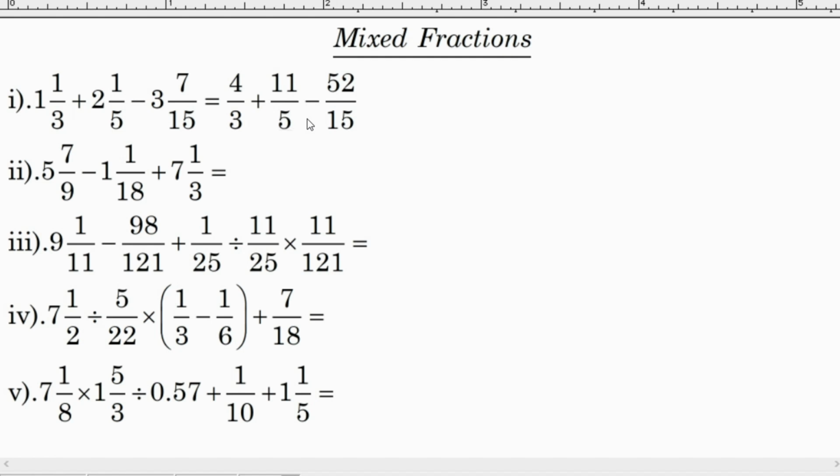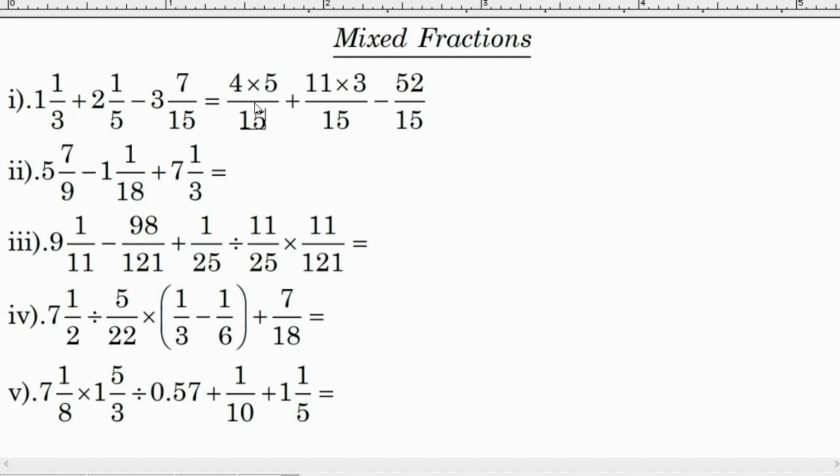So the common denominator of these 3 fractions is 15. Here we have to multiply by 5, here we have to multiply by 3, and here we have to multiply by 3. So this equals 15, and here is also 15.